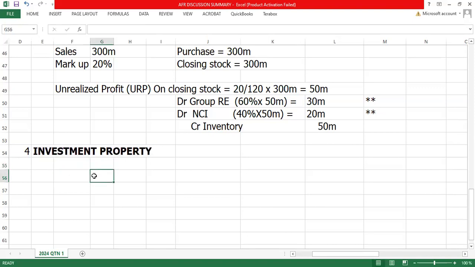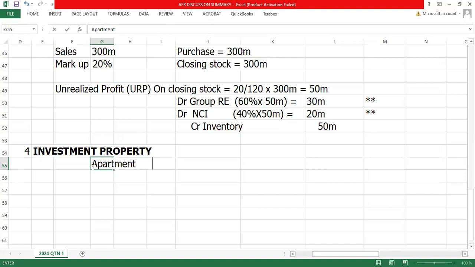Okay, so this is investment property. Initially, that is how these things should be recorded. You have the investment property in Kenya, the apartment.